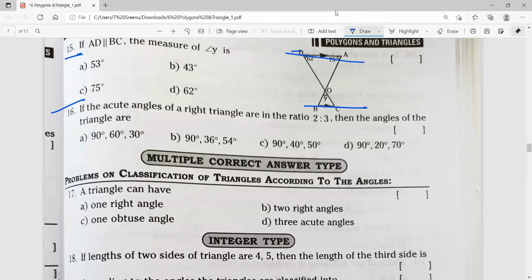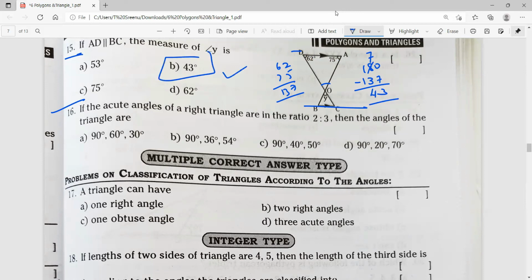And what is the value of angle Y? Angle Y will be the vertically opposite angle. 62 plus 75 is how much? 137. 180 minus 137 is how much? Yeah, 43. Just now we have checked.